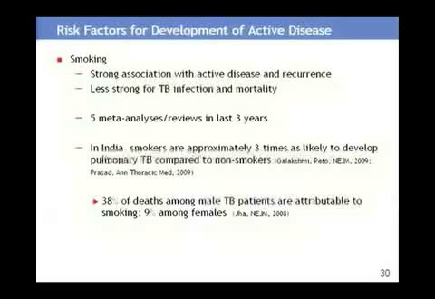This is a huge number, and really suggests the impact that smoking has on TB in India, and suggests that if smoking cessation were to occur in great numbers, we could possibly tremendously reduce the risk of TB and really reduce mortality due to TB.